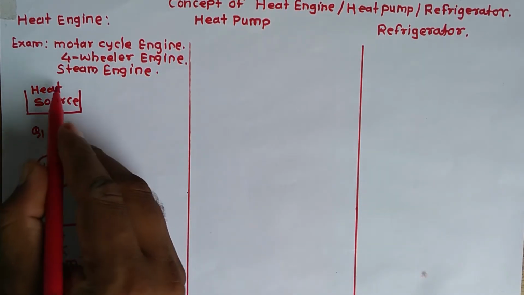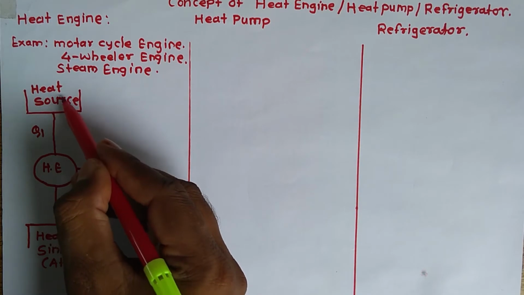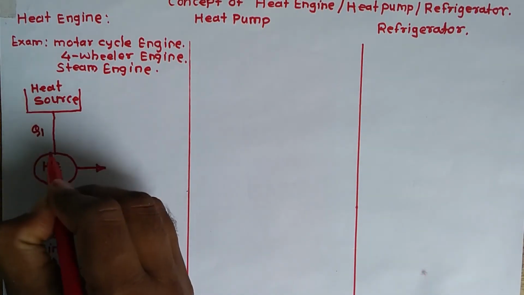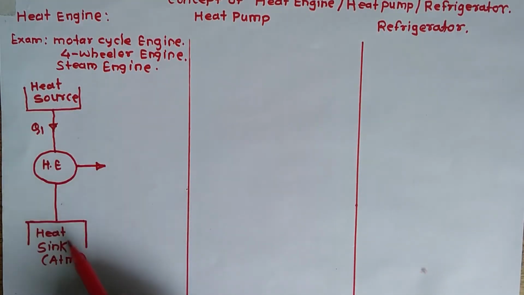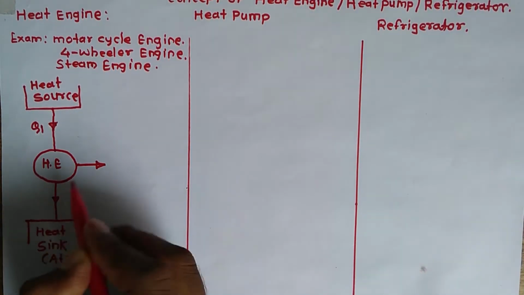Heat is always transferred from hot source to cold source. So the direction of heat will be downward, because the hot source always supplies heat to the cold sink.